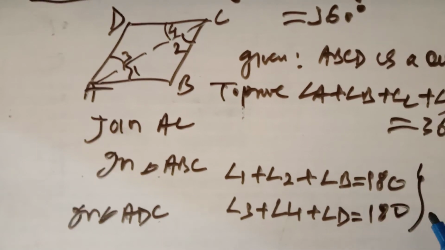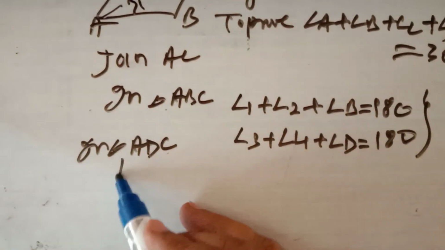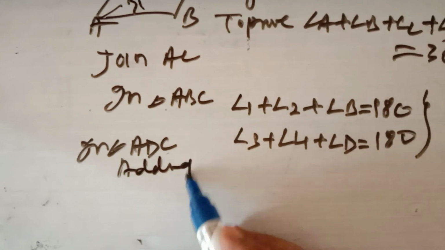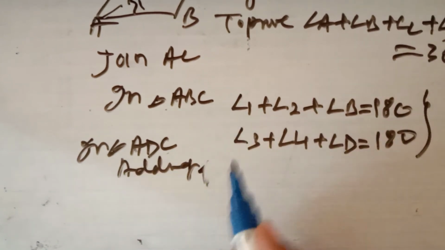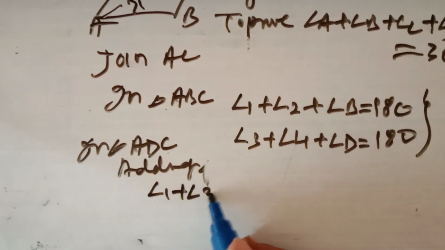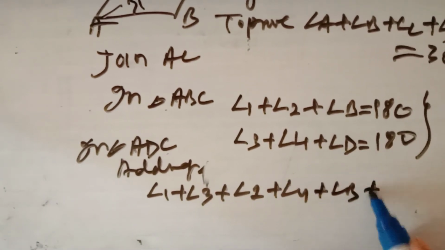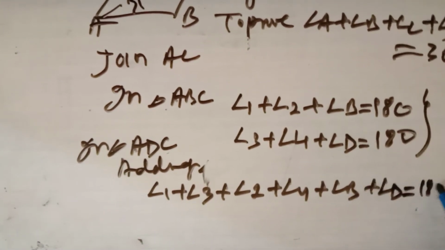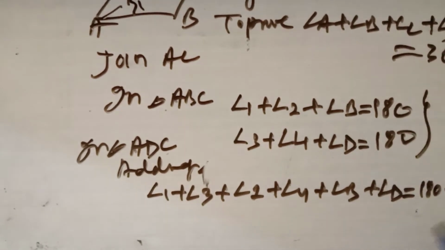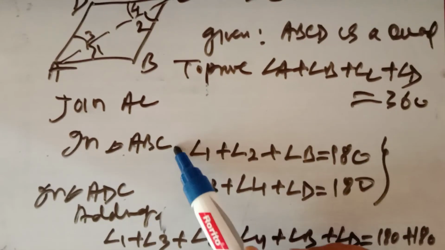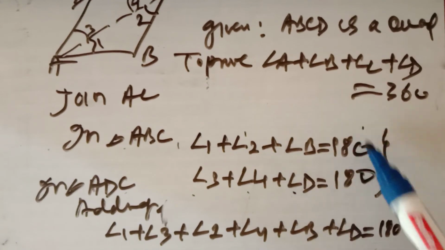You know it, the angle sum property of a triangle. Now adding these two equations, it will be angle 1 plus angle 3, angle 2 plus angle 4, angle B, angle D is equal to 180 plus 180.